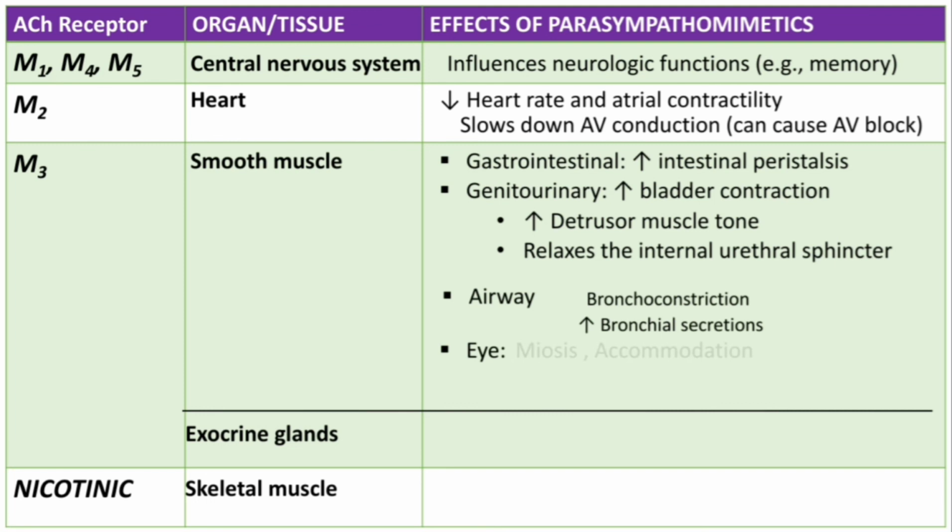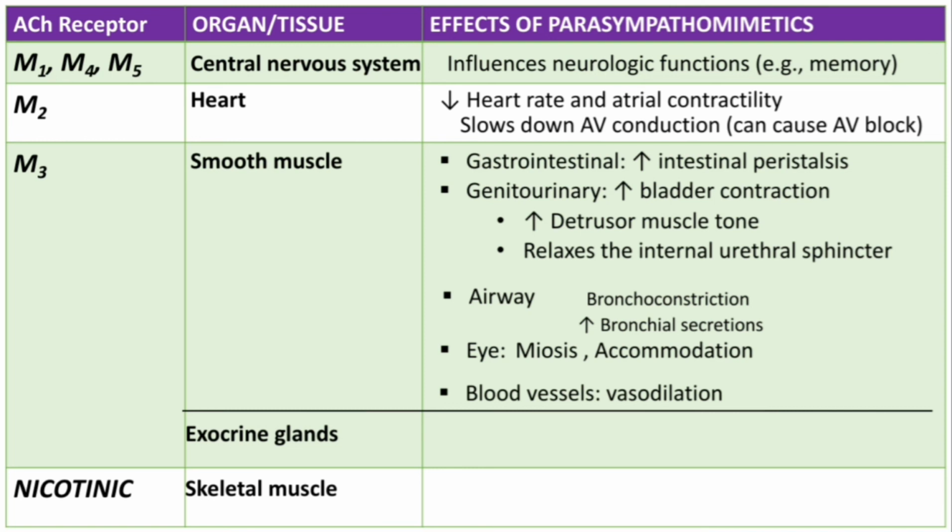The other thing that happens there is that the lens will become globular for near vision. And this M3 can also be found in blood vessels. This one will be for vasodilation.